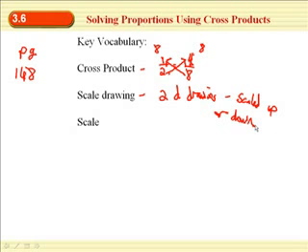And the scale is how it relates. Like you might say, the scale is 1 inch equals 10 miles. Like on a map, if you measure the distance between 2 cities, maybe every inch equals 10 miles or 100 miles.